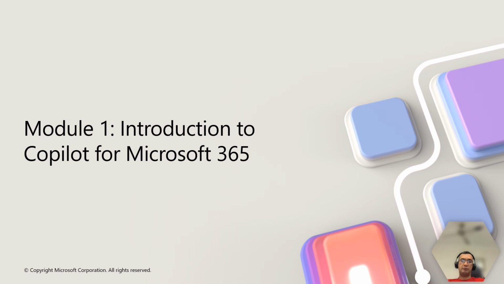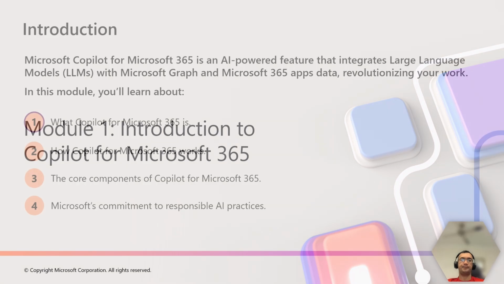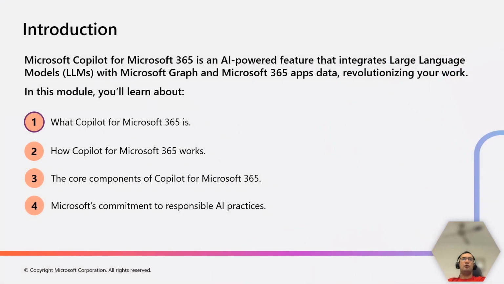Let's focus on Module 1, Introduction of Copilot for Microsoft 365. So when we talk about Copilot, what's Copilot? Microsoft Copilot, and let's be clear, it's like a generic term. Here we just talk about the Copilot for Microsoft 365.